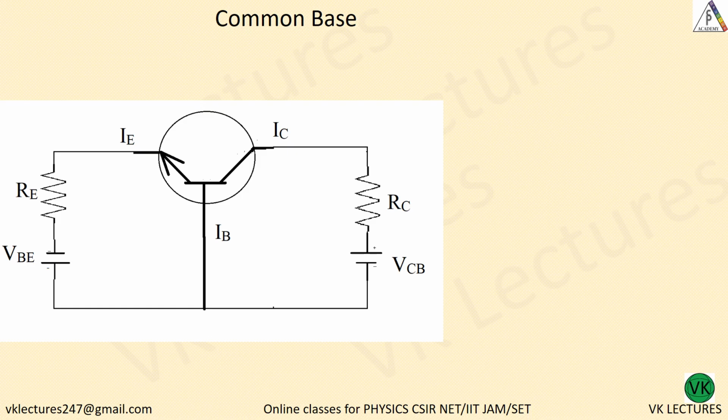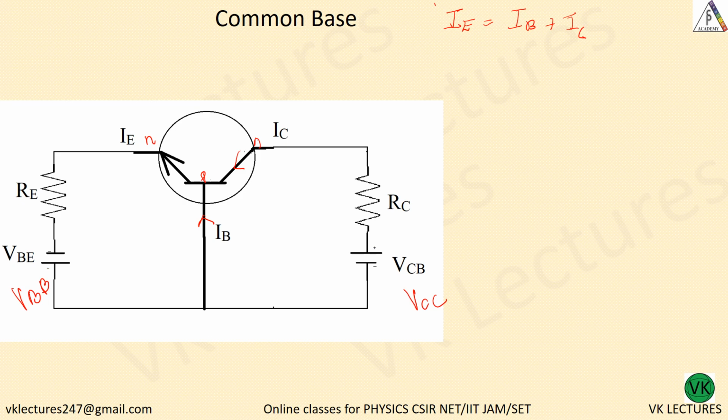So this is IB going into and IC also going into this transistor. This is an NPN transistor. Okay, so we can start with our basic knowledge of current: IE is equal to IB plus IC. Now why is it given VBE? You can write VBB also, or you can write VCC.